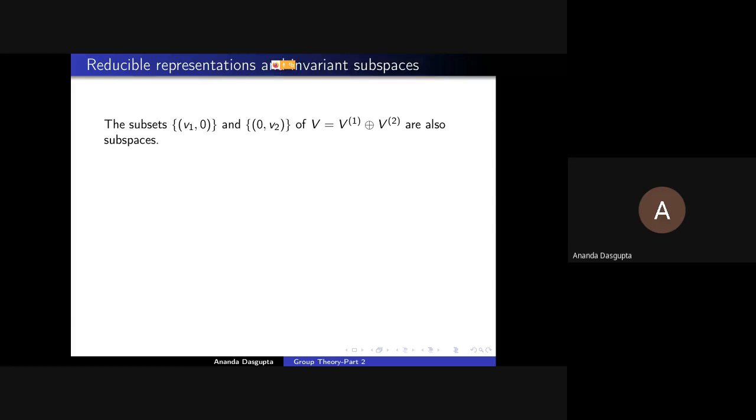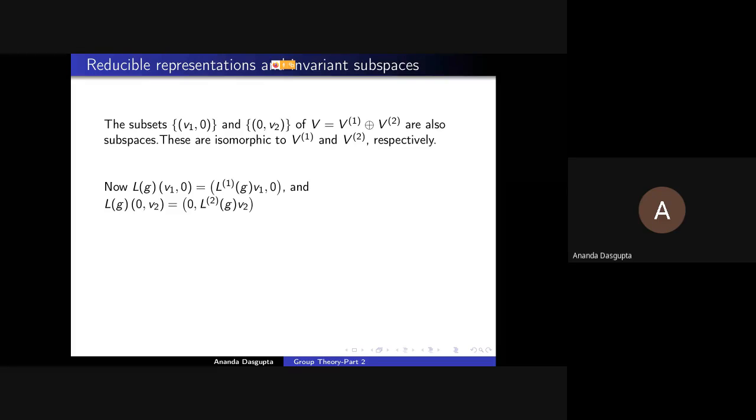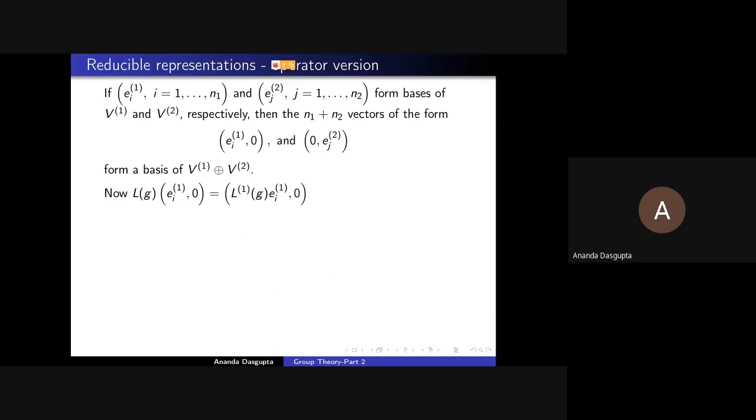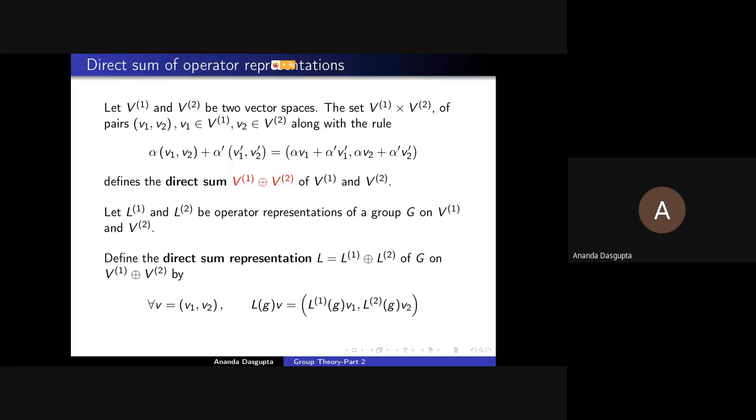Okay, so the basic idea here is this. If you have a reducible representation, then let's look at what happens in general. V1, V2 gives you LG V, which is L1G acting on V1 and L2G acting on V2.